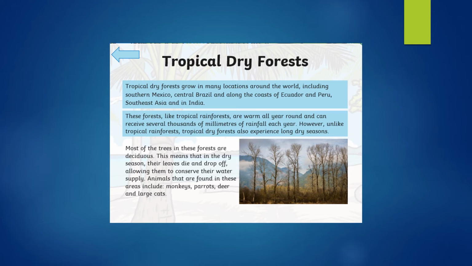However, unlike tropical rainforests, tropical dry forests also experience long dry seasons. Most of the trees in these forests are deciduous. This means that in the dry season their leaves die and drop off, allowing them to conserve their water supply. Animals that are found in these areas include monkeys, parrots, deer, and large cats.